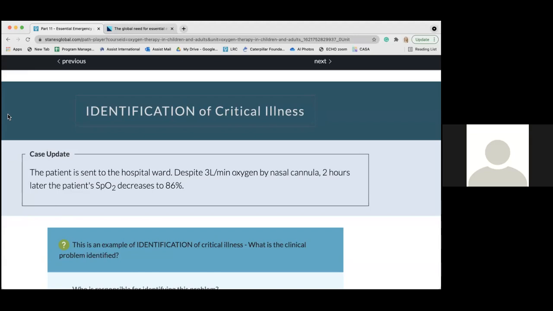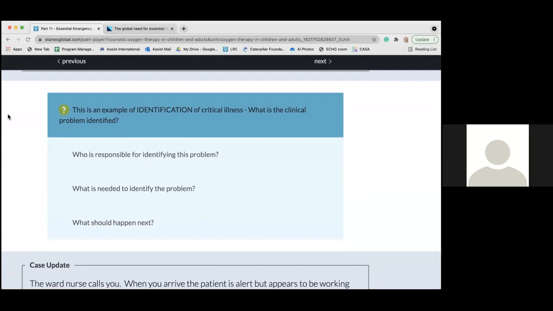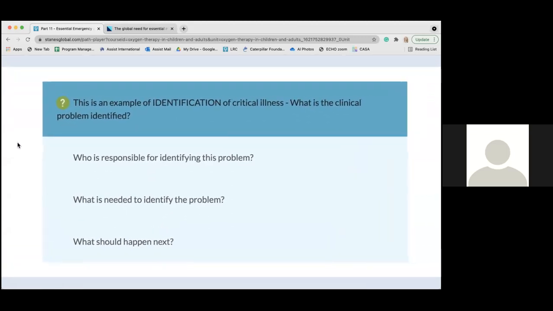So what is the exact clinical problem that we have identified here? We have seen already that the SpO2 is falling, and this does not really require highly skilled experts or sophisticated equipment to recognize.